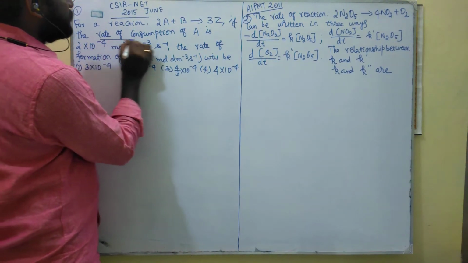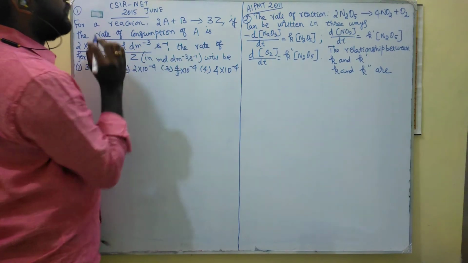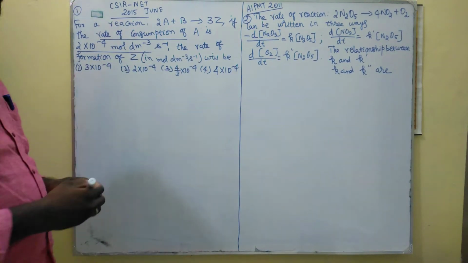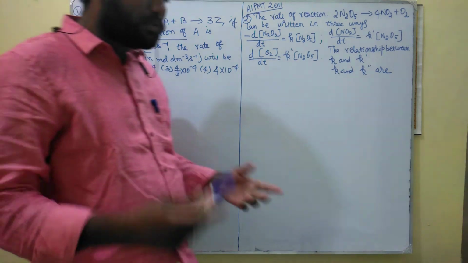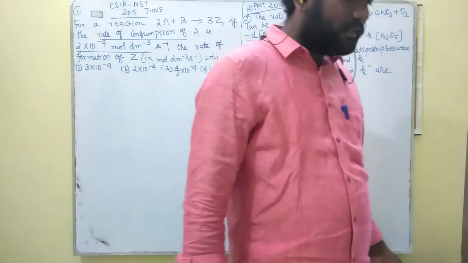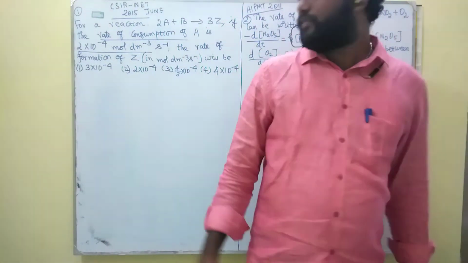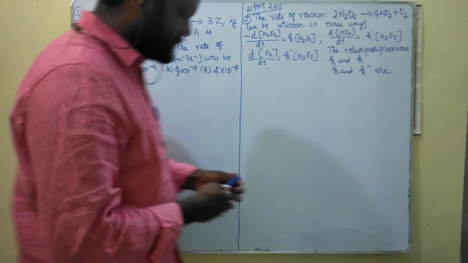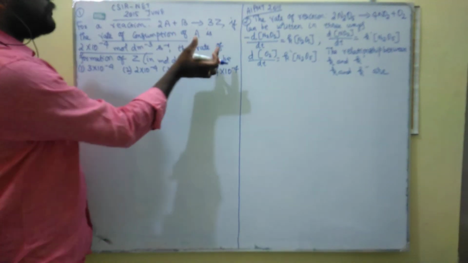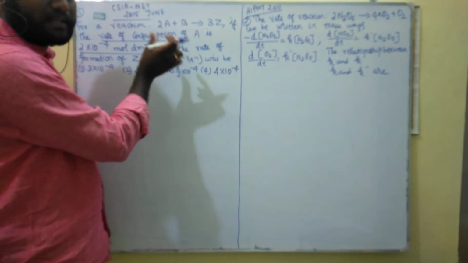Rate of consumption is given, 2 into 10 power minus 4 mole per decimeter cube per second. The question is asking the rate of formation of Z. So we have to write the rate of the particular chemical reaction.